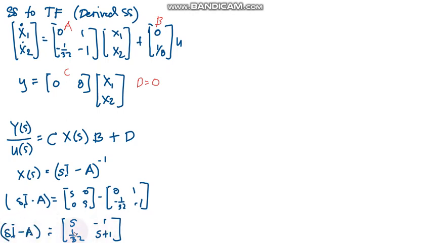Now, taking the inverse of this, we know already the formula: the sI minus A inverse is equal to the adjoint of the matrix over the determinant of this matrix. So I would like to write immediately the answer.